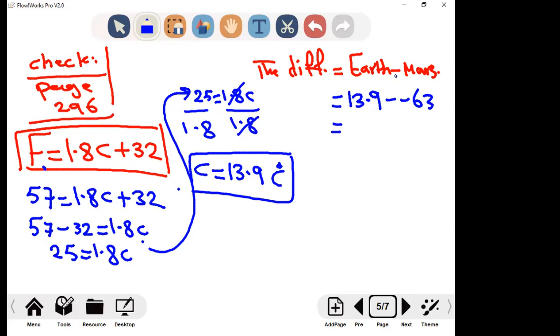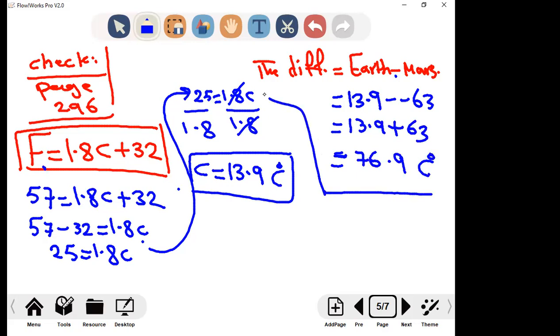So it will be 13.9 plus 63, which means 76.9. Done? This is the first step. You need to copy this, then this, okay?